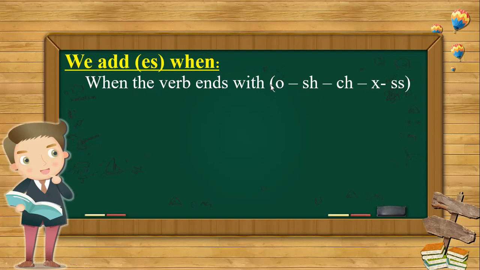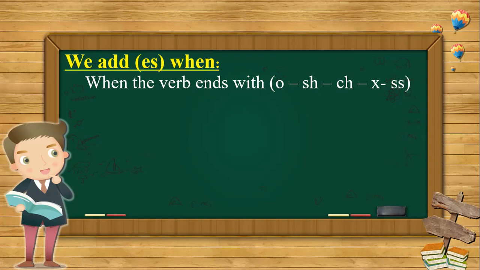So when the verb ends with one of these letters, I don't add s, I add es with he, she, and it. With I, we, they, you, will I add s or es? No, I don't add anything at all. Again, they just take the verb stem.